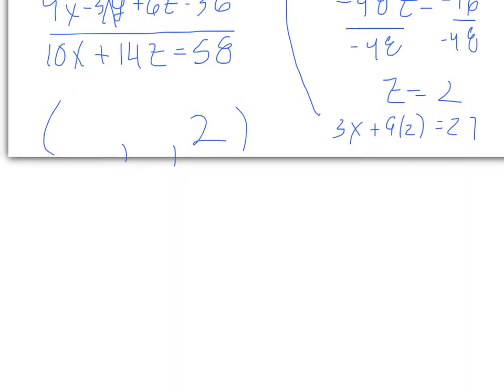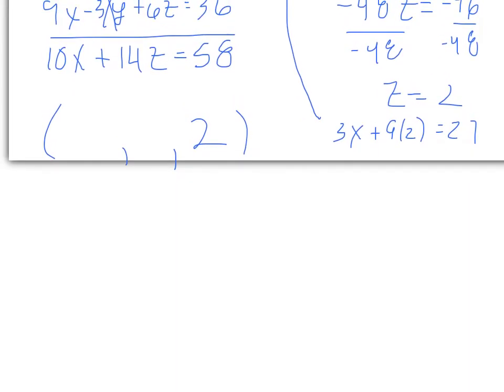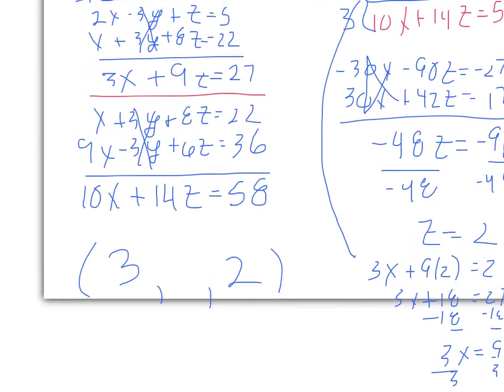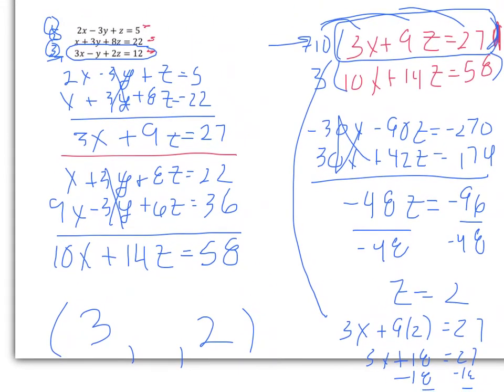So here, we have 3x plus 18 equals 27. Subtract 18 from both sides. So we get 3x equals 9, divided by 3, x equals 3. So, once again, we've used the two red equations here to get the x and the z.